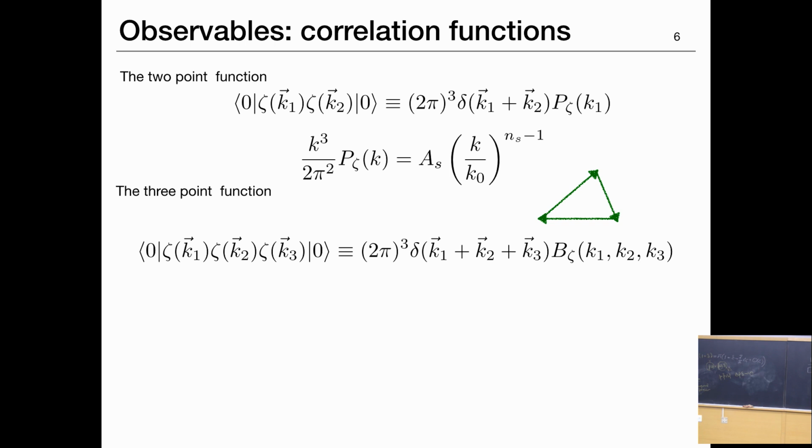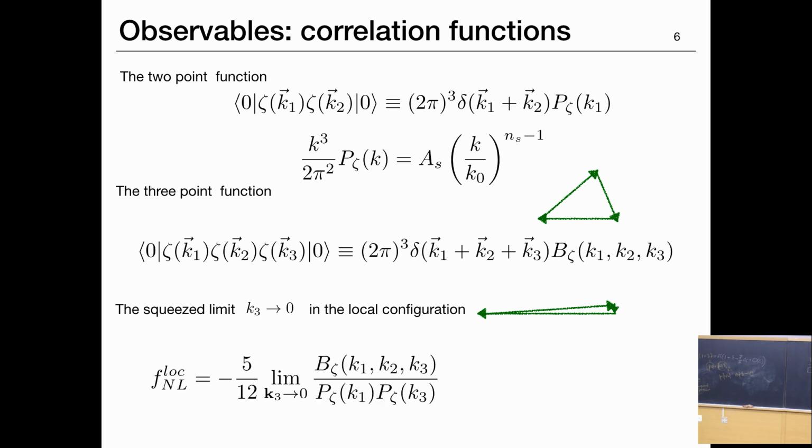We can take the limit in this expression where one of the momenta of the perturbation goes to zero. In this way we can define the parameter f_NL local. Here we have the prediction of single field slow roll inflation for the power spectrum.